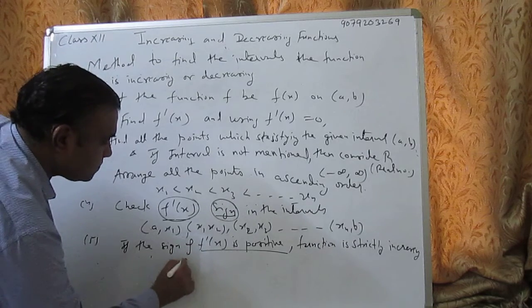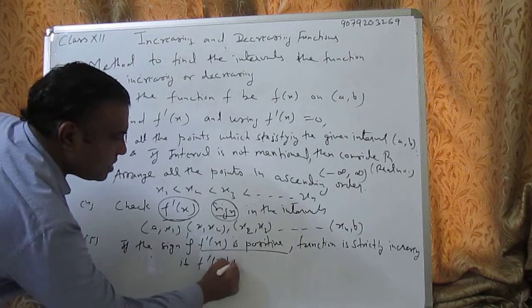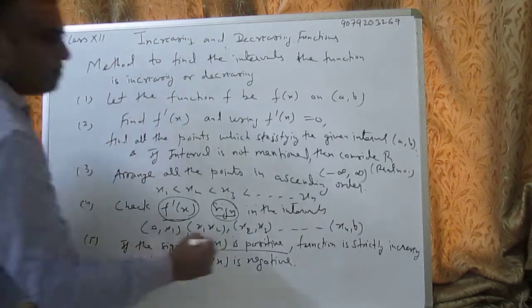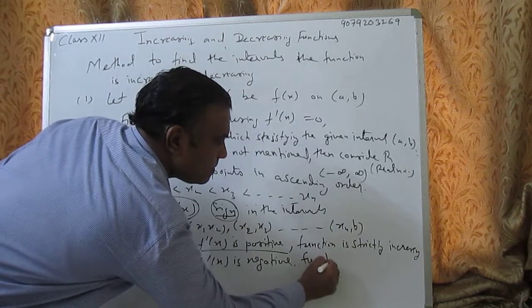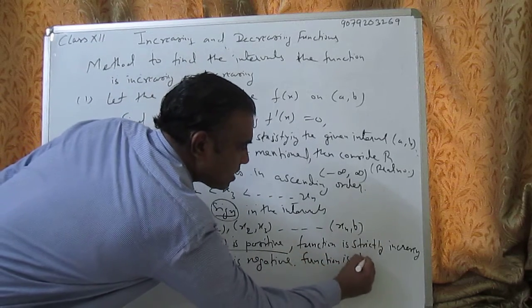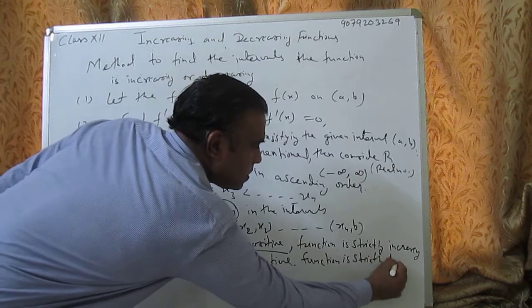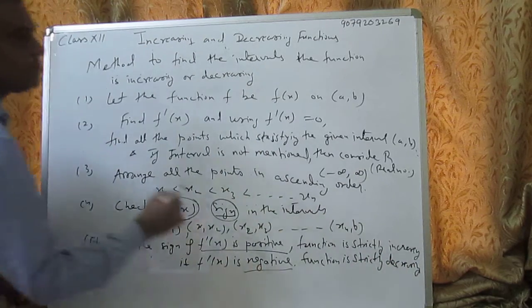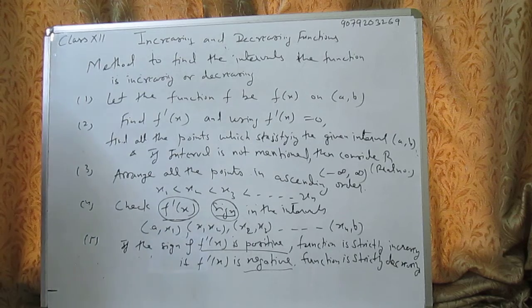If f dash x is negative, the function is strictly decreasing. This is the method to calculate.